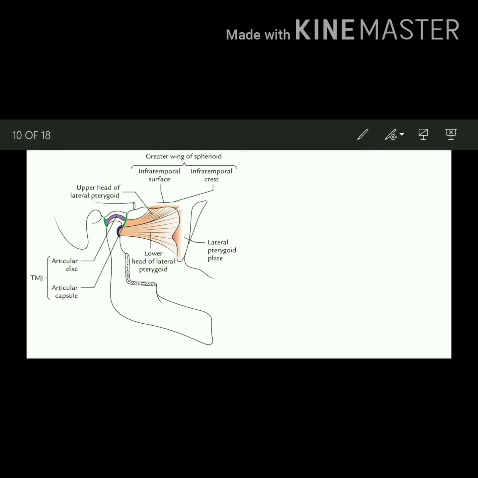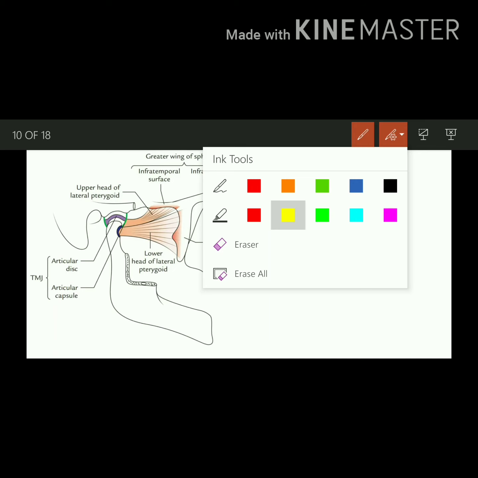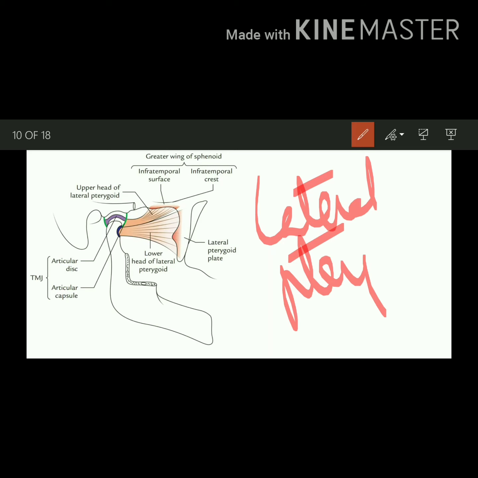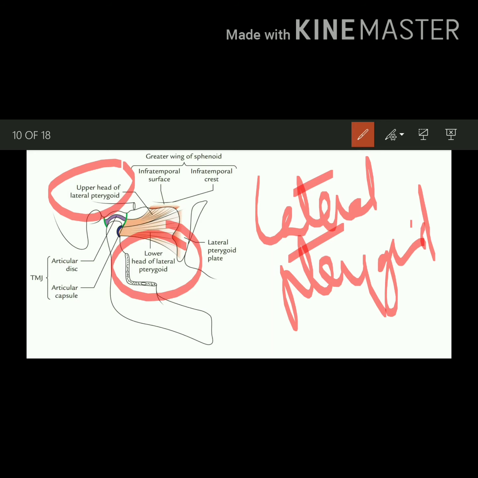Now we'll see the individual muscles. Here we see the lateral pterygoid muscle. The thing to notice is that this lateral pterygoid has an upper head and a lower head.